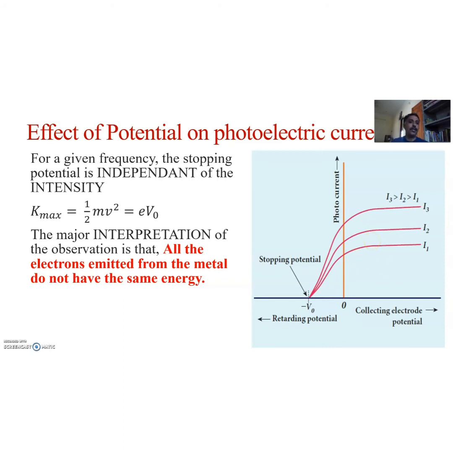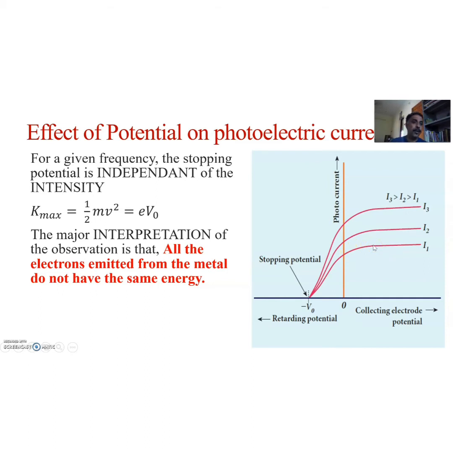For the fixed plate potential, the photocurrent was flowing from the cathode to the anode. Once they increased this positive potential, what happened? This current flow increased. As a result, more electrons are attracted from the cathode to the anode. So this is the graph which they showed. As they increased the positive plate potential, the current also increased.